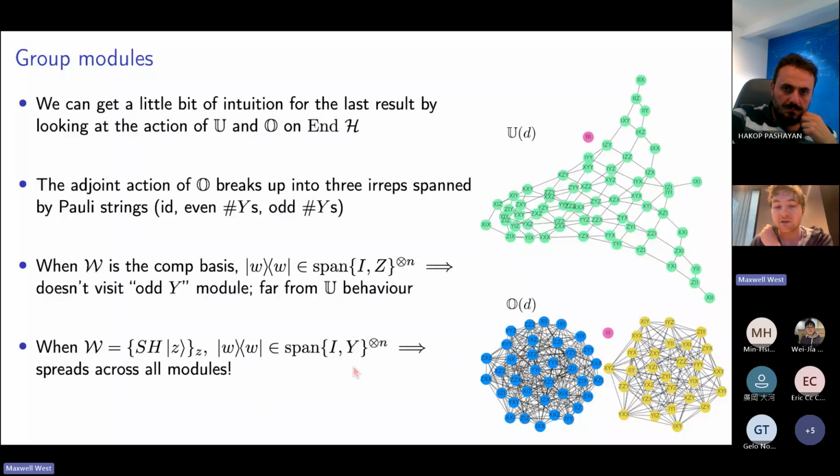It's still not exactly the same as evolving over the full green module, because the different parts of the Paulis in one module still can't talk to the other. It turns out the extent to which it's the same is up to the third moment, which is exactly what we want for the shadow protocols to be equal. This is maybe just a bit of intuition. I think this is kind of neat.